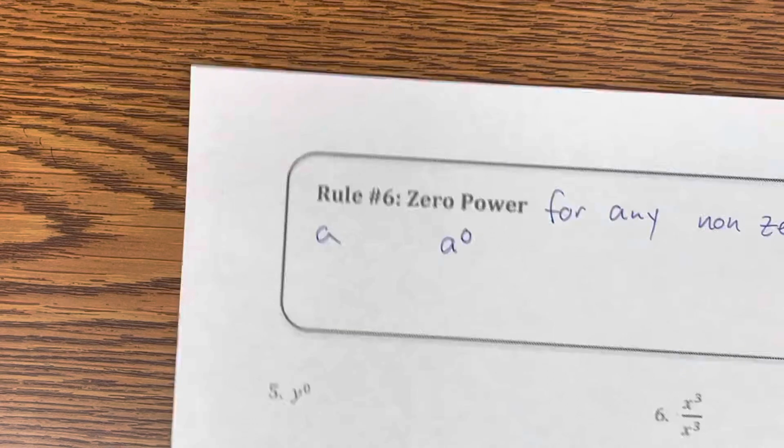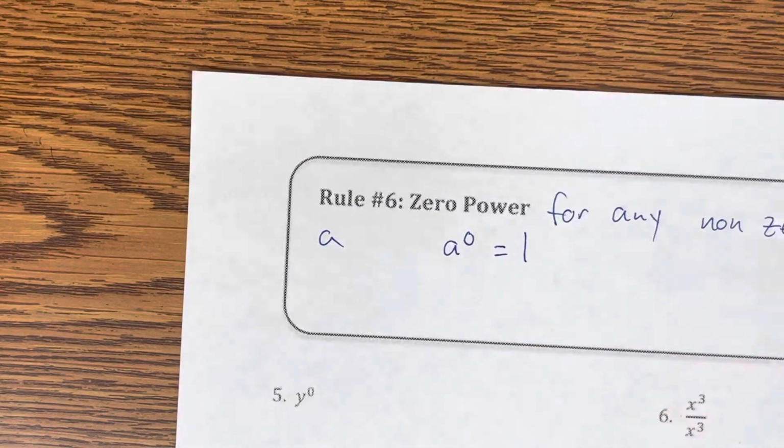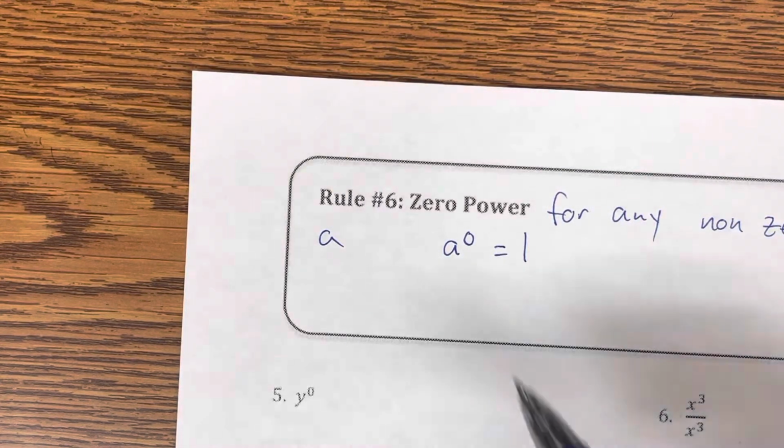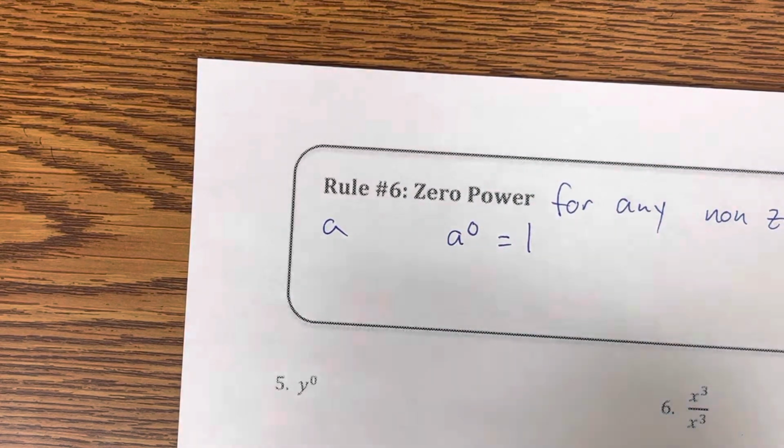Okay, a to the 0 is going to be equal to 1. We won't take 0 raised to the 0 power. That's undefined because that ends up being 0 divided by 0. So we cannot do it with 0. So for any number that's not 0, anything raised to the 0 power is 1.